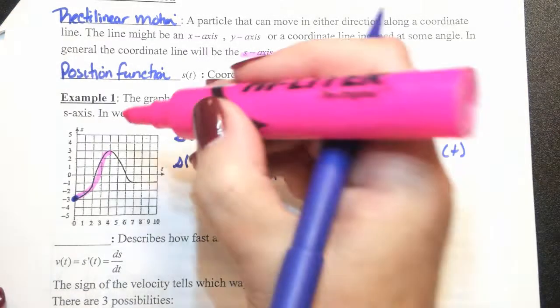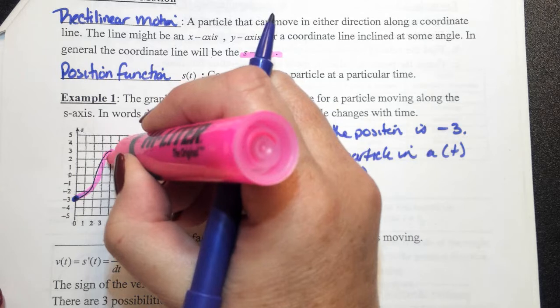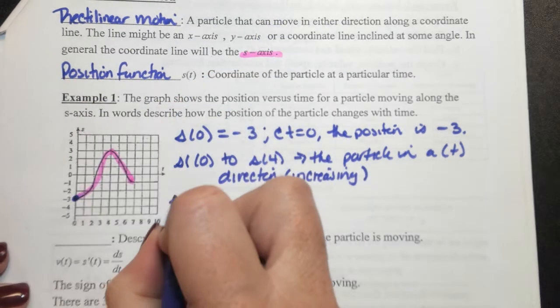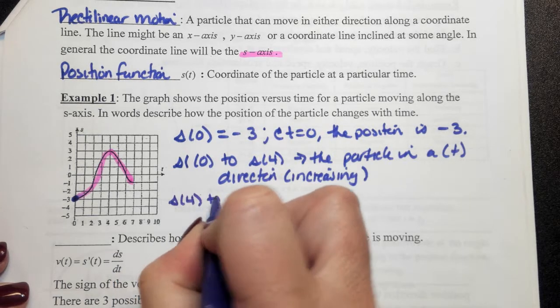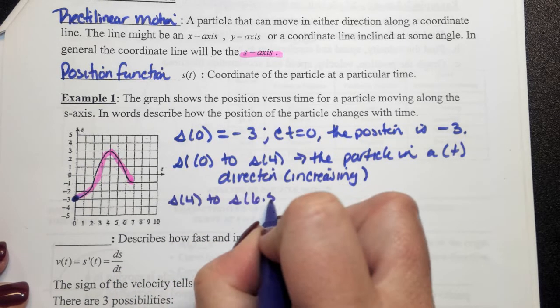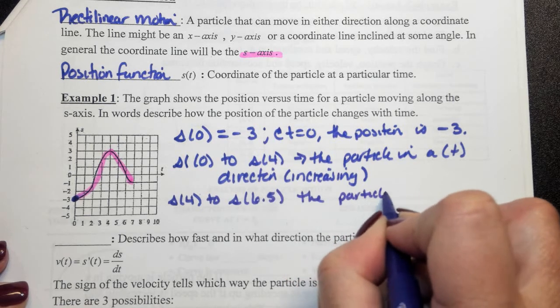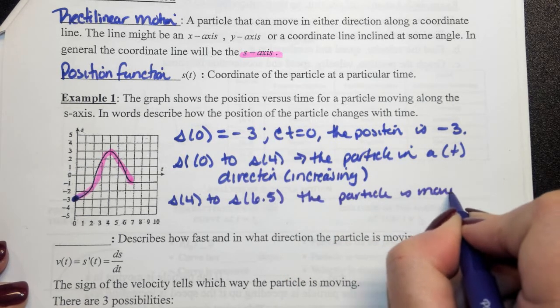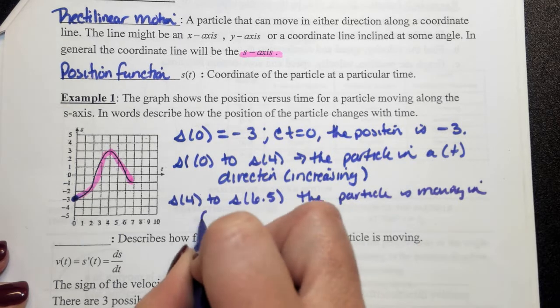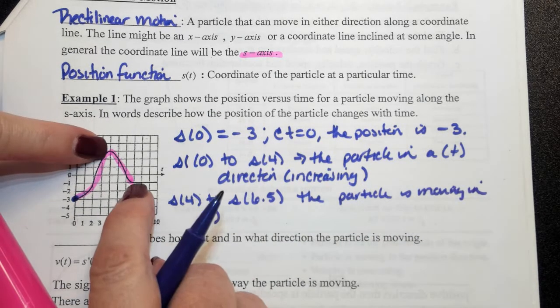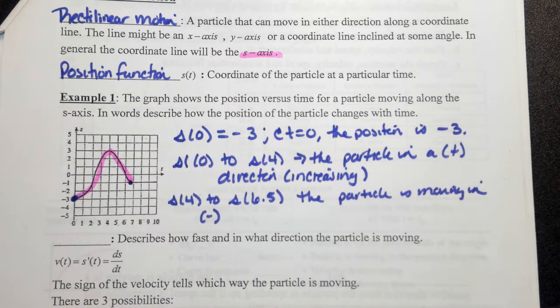But notice when we move from s of 4 to about, let's just call that s of 6.5, the particle is moving in the negative direction. And how I know that is because the curve from t equals 4 to t equals 6.5 is decreasing.